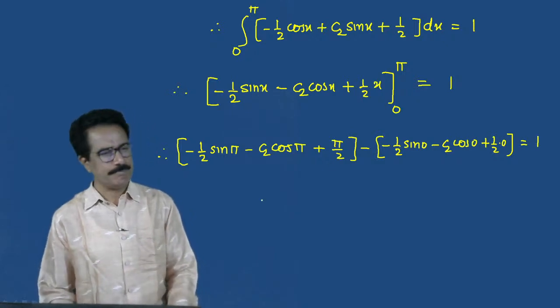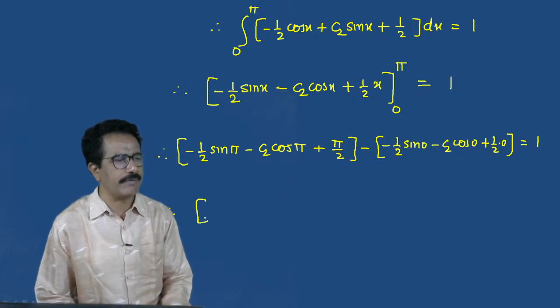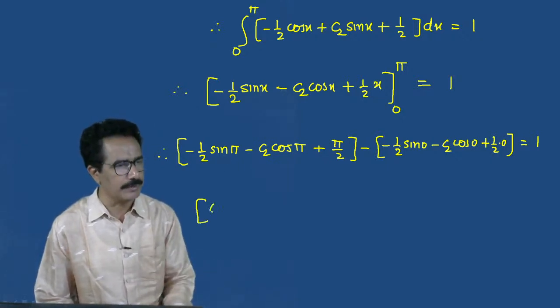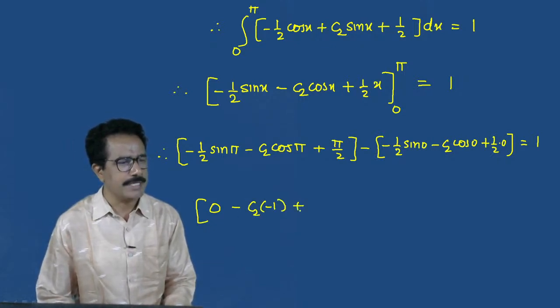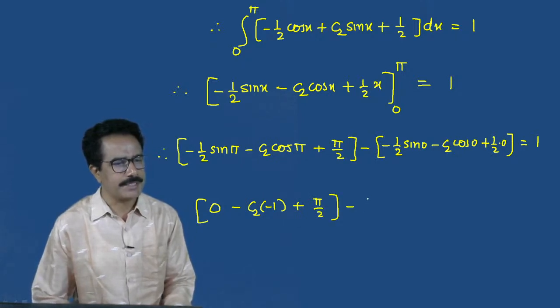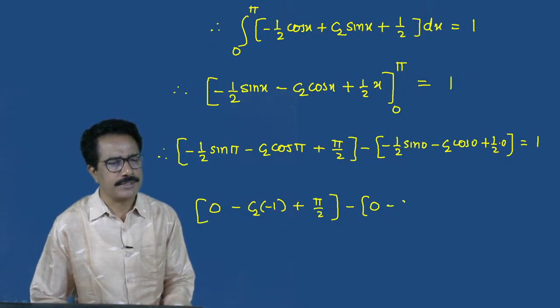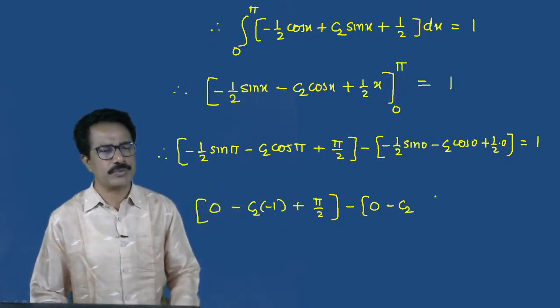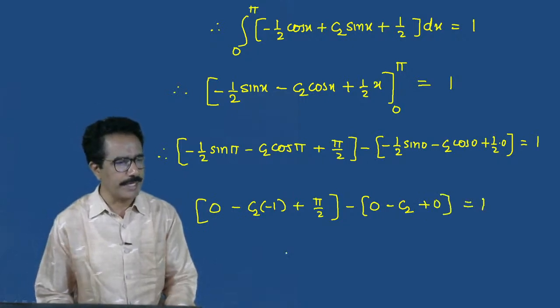Is it okay? हाँ ठीक आहे. आता now you tell me the values. आता याला particular value काढा. sin pi is 0, cos pi is minus 1, plus pi by 2, minus 0 minus C2 cos 0, which means 1, plus 0, which is equal to 1.